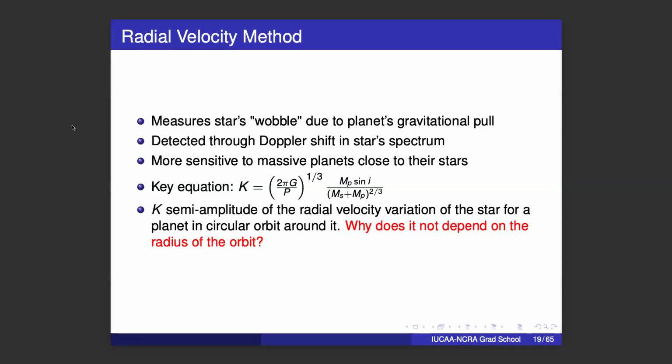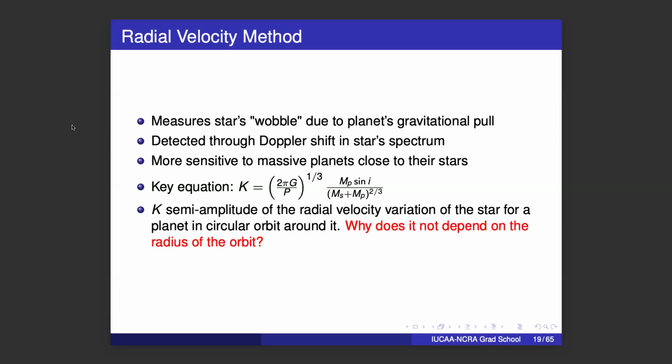Why does this not depend on the radius of the orbit? Because the variables seem to be mass of the planet, mass of the star, and the period, not the distance of the planet from the star. Correct, correct.